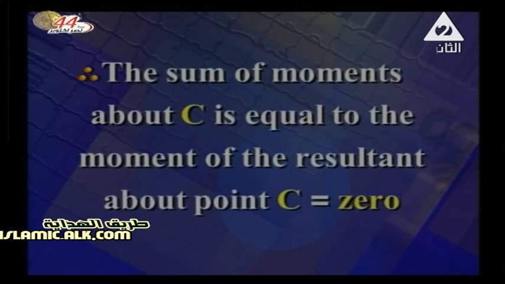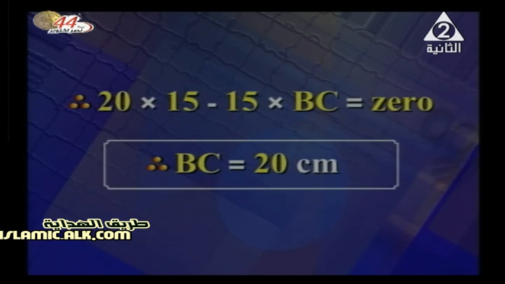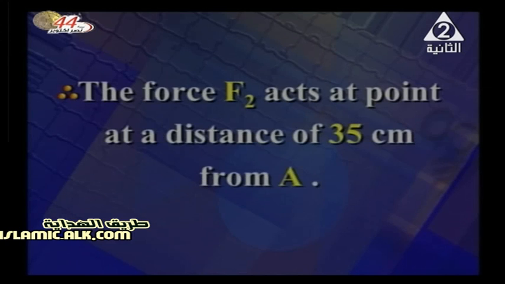The sum of moments about C is equal to the moment of the resultant about C, which equals 0. To find BC, use 20 times 15 minus 15 times BC equals 0. Therefore, BC equals 20 centimeter. What do you mean? The force F2 acts at a distance of 35 from A.